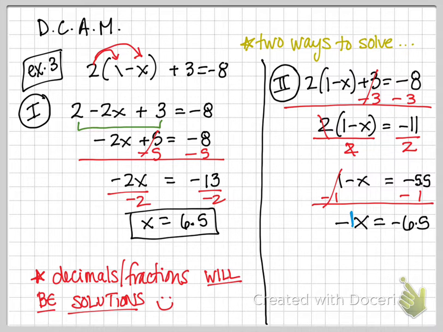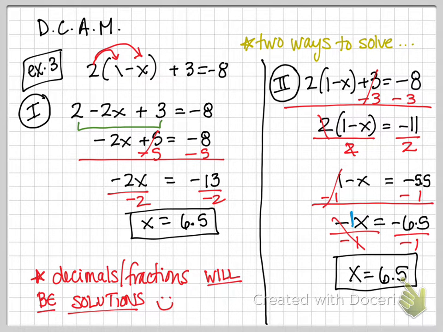Algebraically, how do we cancel the negatives out? What are we technically doing? Multiplication. Negative 1x really means negative 1 times x. How do we get rid of that negative 1? By dividing by 1. What kind of 1? Negative 1. Yes. Divide both sides by a negative 1. Why would it be a negative 1? Because it's negative 1x.